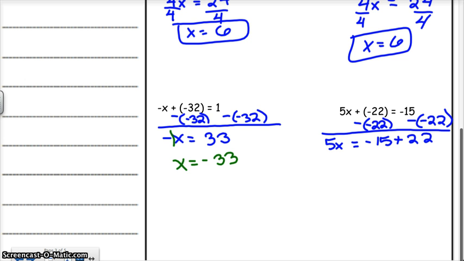That's what that turned into. 22, take away 15, is going to be a positive 7. So 5x equals 7. Don't lose your confidence in yourself. When you see something like this, believe that you did the proper inverse operations, and just know that your next step would be to divide. x is 7/5.